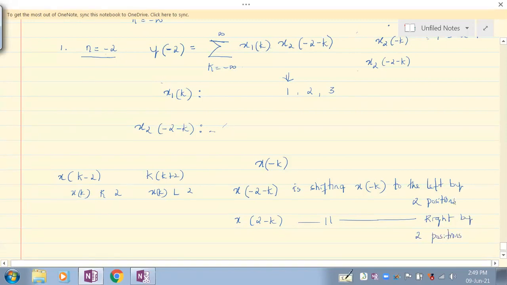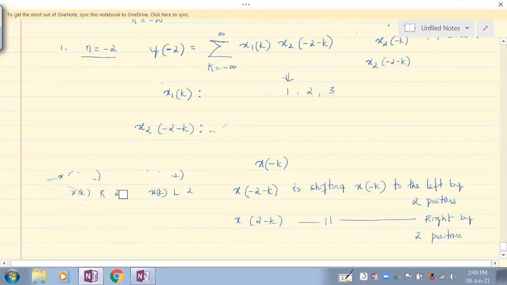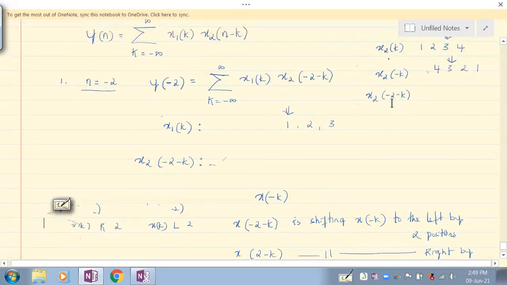So this much you have to understand. This is very useful when we are dealing with reflected sequences. When we are shifting the reflected sequences, this would help us a lot. Fine. Let's have this knowledge and do this problem now. What is x2 of minus 2 minus k?